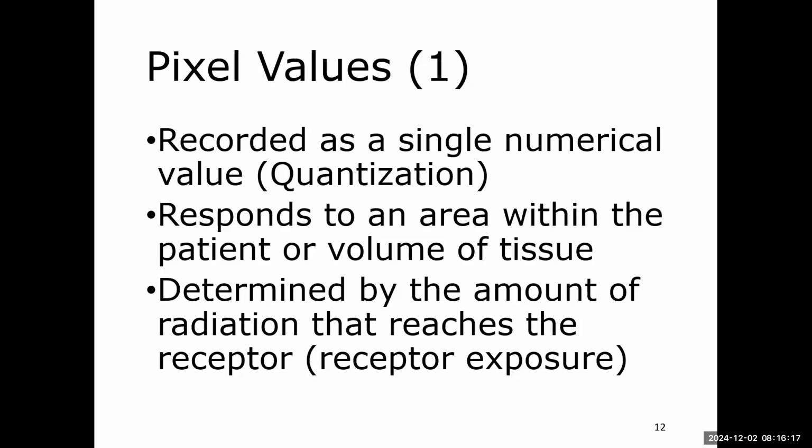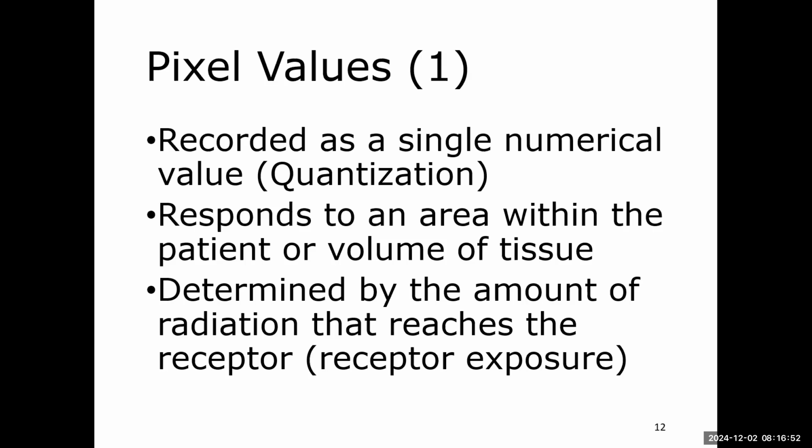One thing to remember about your pixel values is that they are recorded as a single numerical value. That is termed quantization. So every single pixel is assigned one value. It has one value, and that responds to one particular area within that patient or volume of tissue. And that value that is assigned to that pixel is determined by the amount of radiation that reaches the receptor, or the receptor exposure in that particular area.